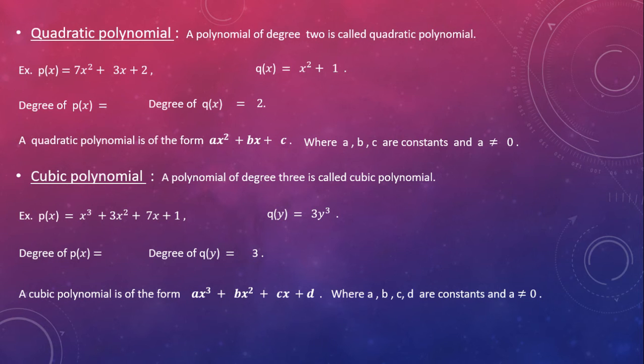In the first example, x cube plus 3x square plus 7x plus 1, here a equals to 1, b equals to 3, c equals to 7 and d equals to 1. And in the next example, 3y cube, here a equal to 3, b equal to 0, c equals to 0 and d equals to 0.